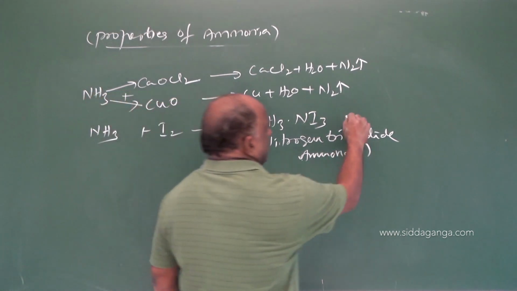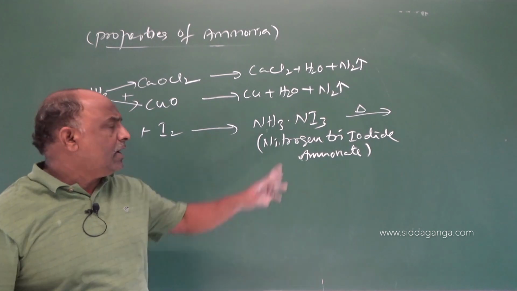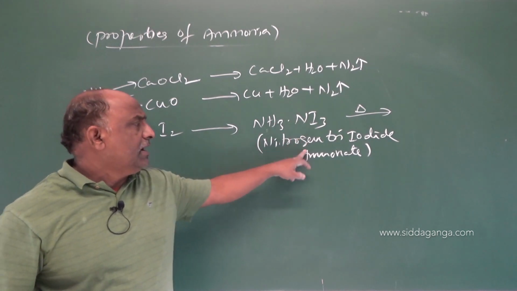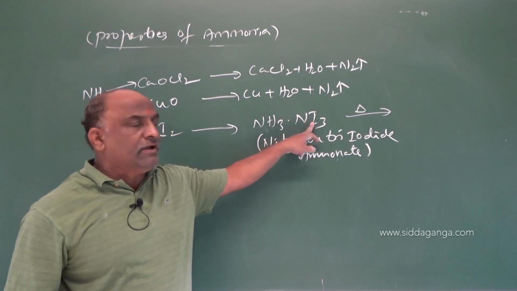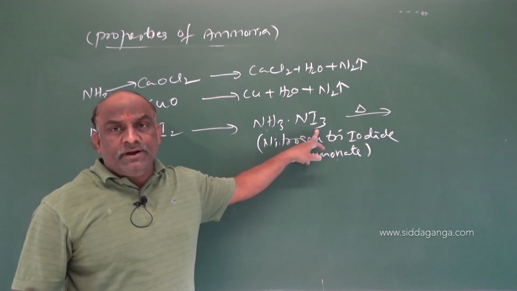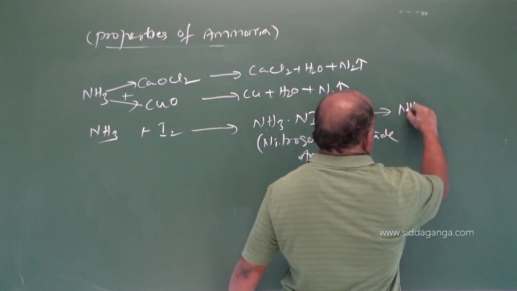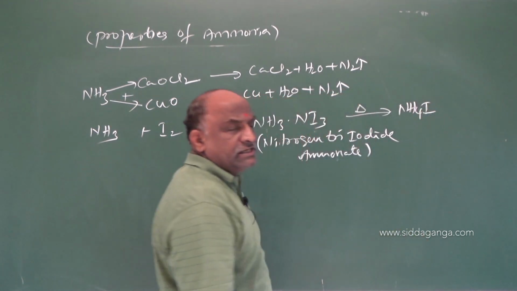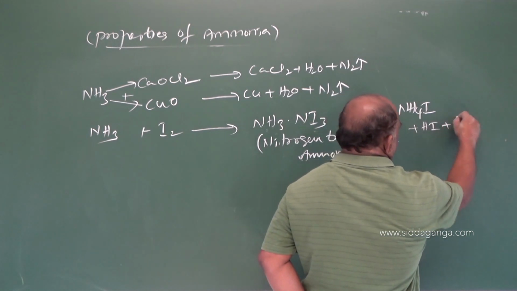On heating this nitrogen triiodide ammonate, what will we get? HI, hydroiodic acid; I2, which is iodine; and the compound NH4I, which is called ammonium iodide. So we get NH4I, HI and I2.